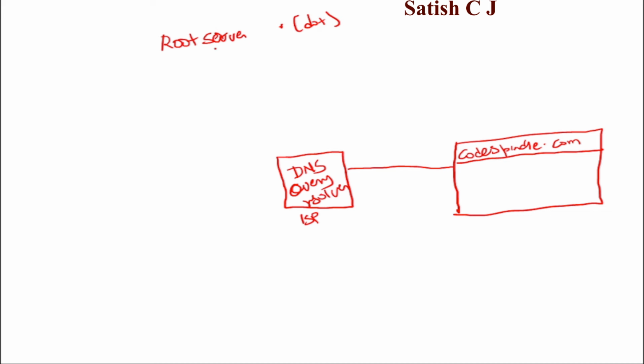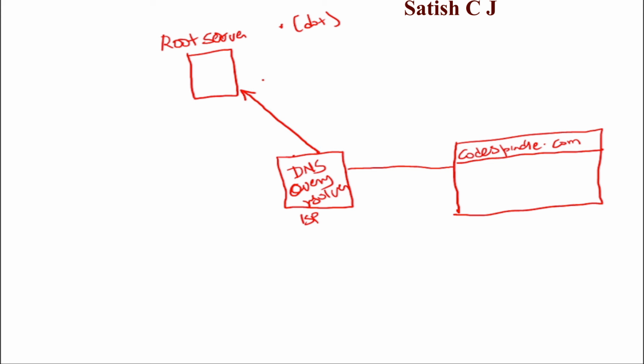So that's the root server. Let's say this is the root server, and we have many instances of the root servers, and they are accessible using 13 IP addresses, and they are maintained by several organizations across the globe. So this root server will be the first one to be contacted by our DNS query resolver.